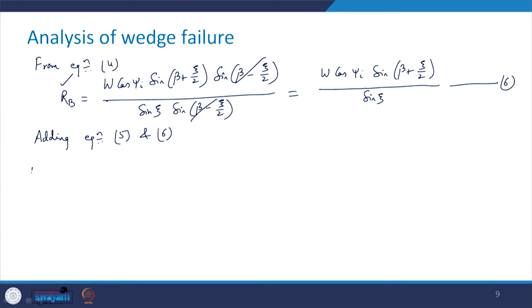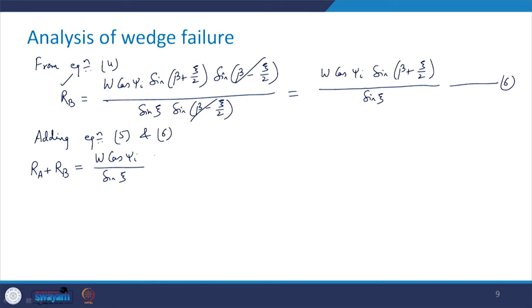So what we are going to get here as RA plus RB will be equal to W cos psi i divided by sin zeta.